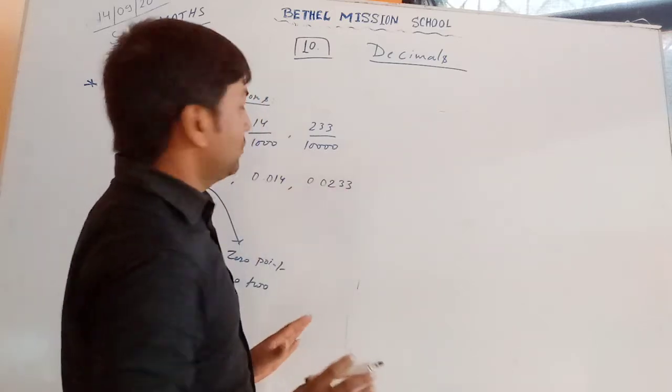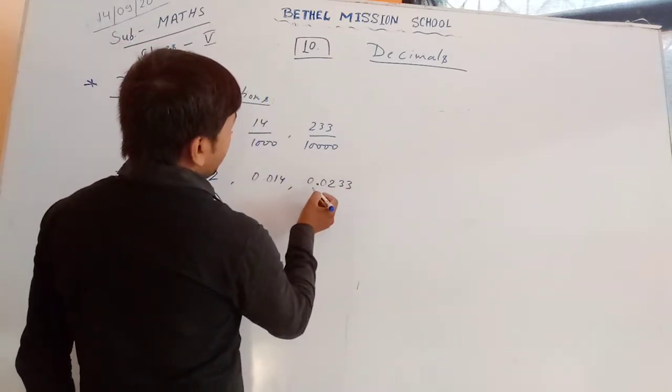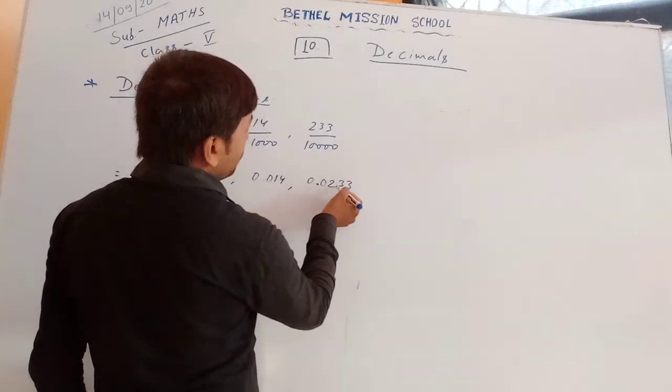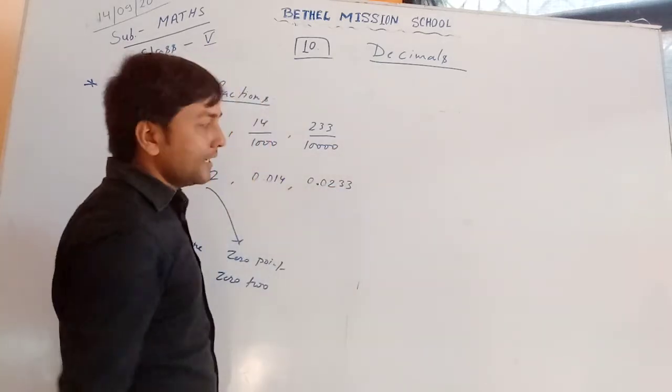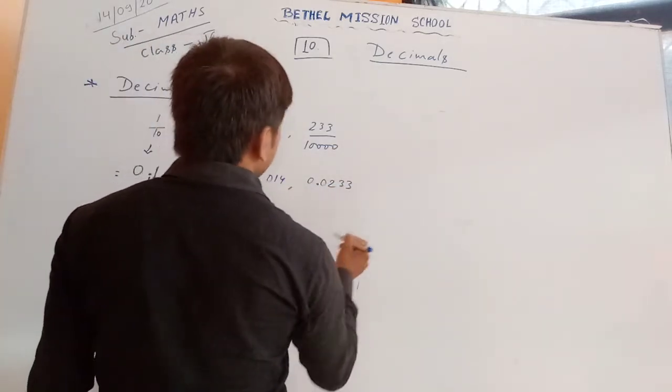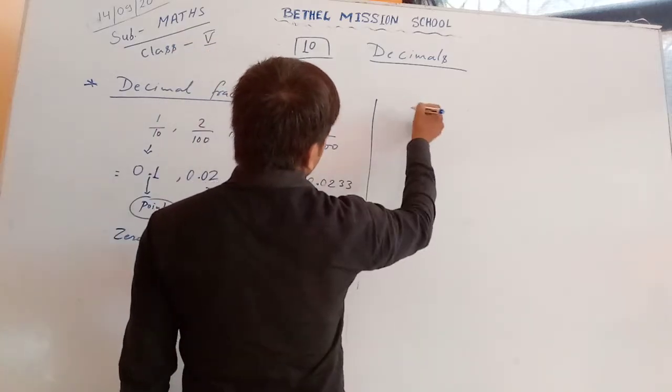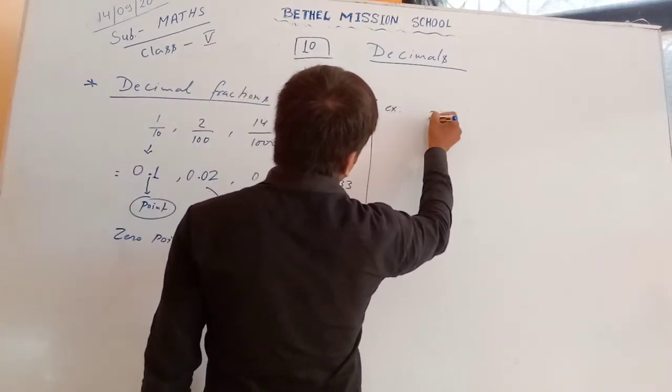You have to read it digit by digit as 0.0233.